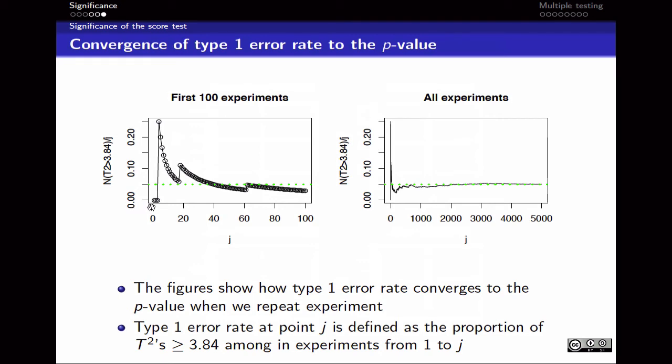You remember during the first 3 experiments I did not reject a null hypothesis, so my type 1 error was 0, and you can see 3 dots here.